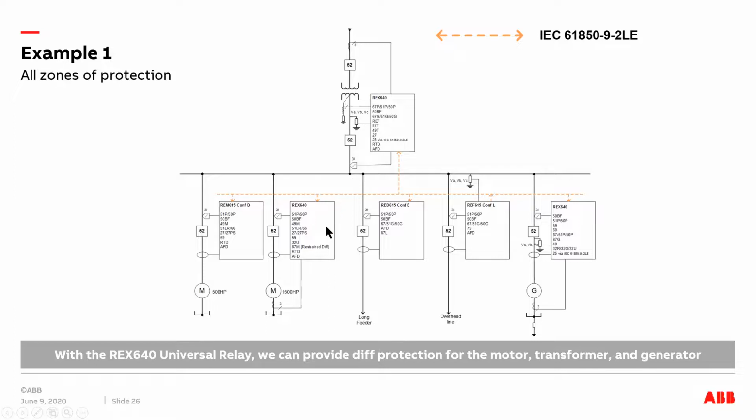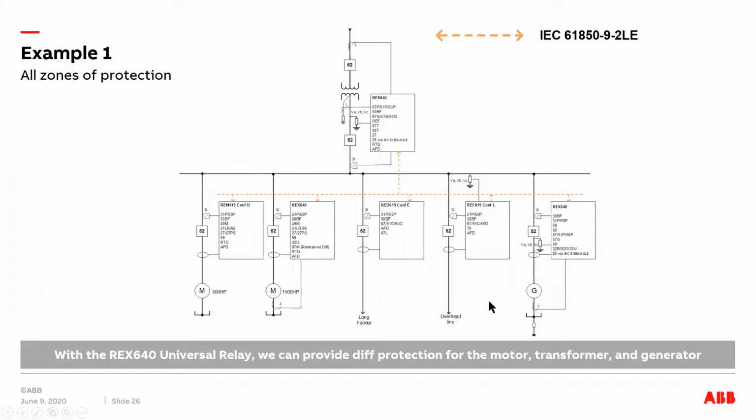And the same is the case here with a large motor. From the bus side, we have the current sensors. From the neutral side of the motor, we have the traditional CT coming, and we can still achieve the 87M, which is a machine protection or differential protection for the motor, using those inputs.